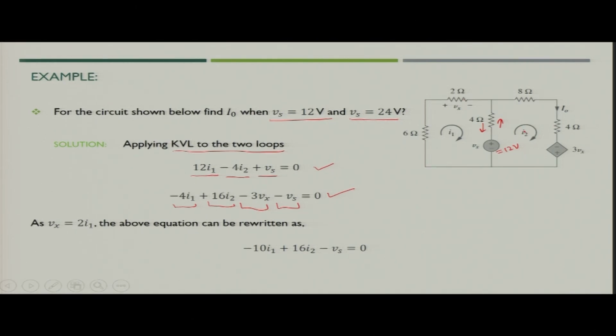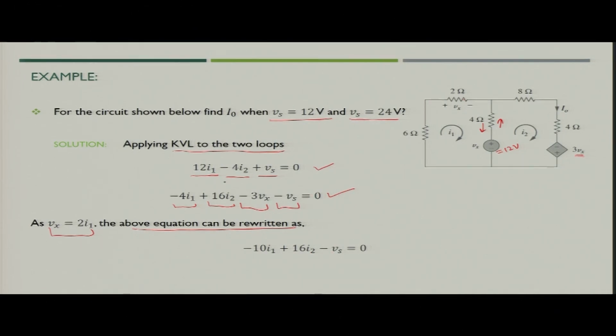Now, if you see what is the value of Vx, Vx would be 2 times I1. So, the equation can be written as: you can simplify that minus 10 I1 plus 16 I2 minus Vs is equal to 0.